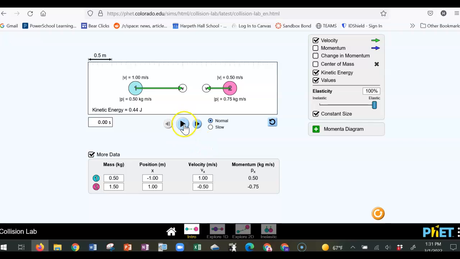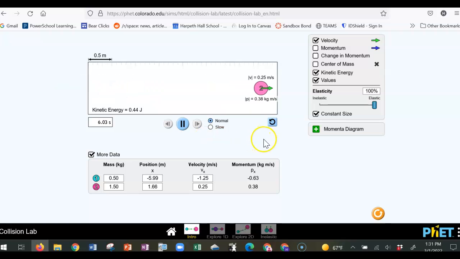And so when I click the play button, the two spheres move toward each other. Ooh, they bounced off of each other, and then they move. I'm going to let them move until they go out of this window. Okay, so they are moving, and I can see down here in this table at the bottom of the screen their velocities as they moved after the collision.